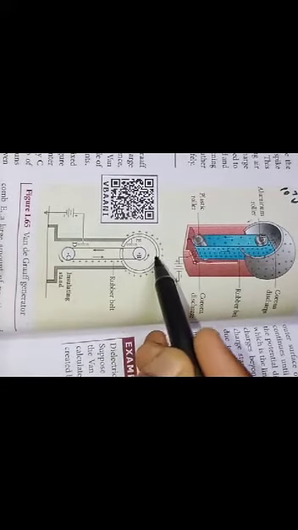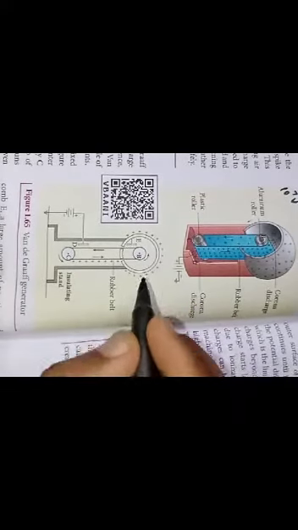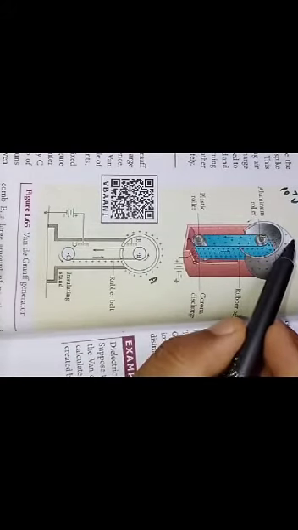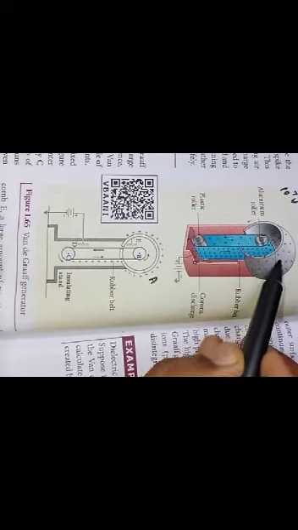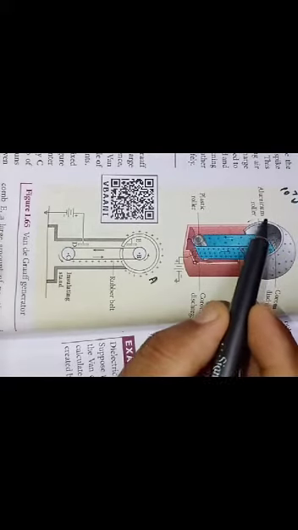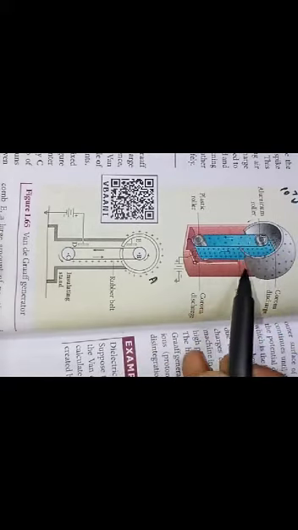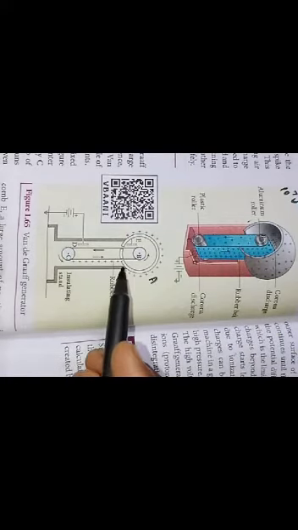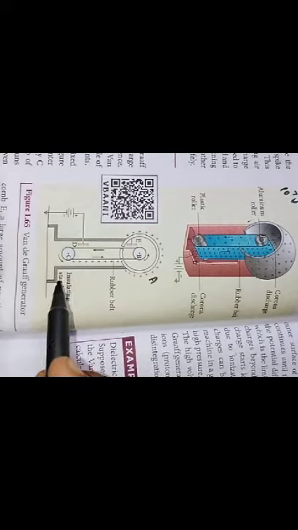It consists of a hollow metallic spherical conductor, noted with the letter A. It is mounted on an insulating pillar, an insulating stand.